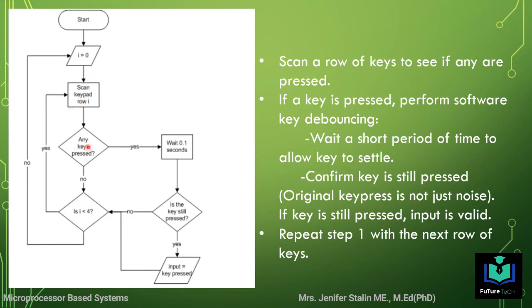Now the next condition is about pressing. We are pressing the key. If it is true, the key debouncing software will wait for a stipulated amount of time. I am setting the time to be 0.1 seconds. It will wait and check whether the key is still pressed. Here also we have two conditions, no as well as yes. If the condition fails, the software will analyze that it is because of mechanical vibration, and actually the key is not pressed.